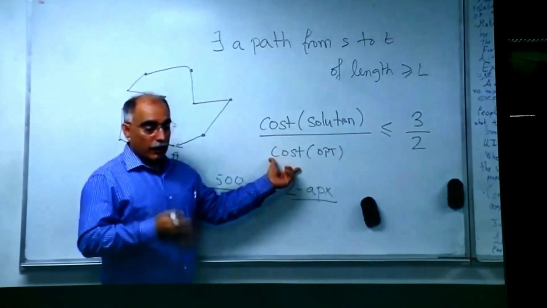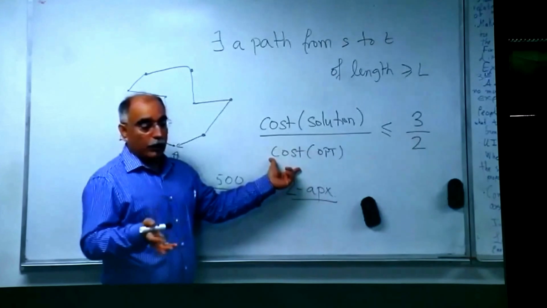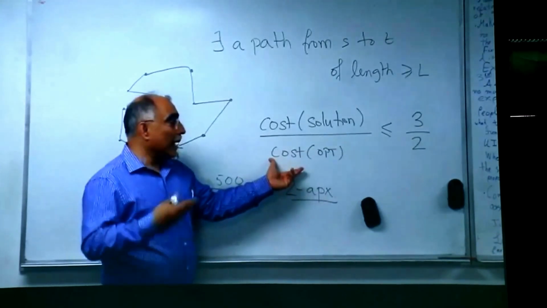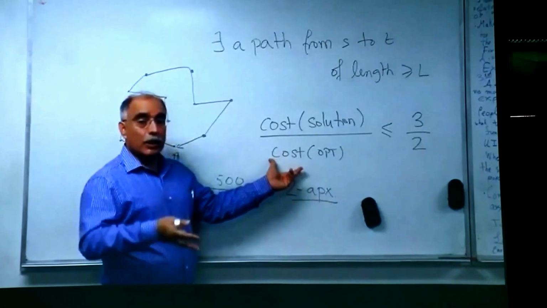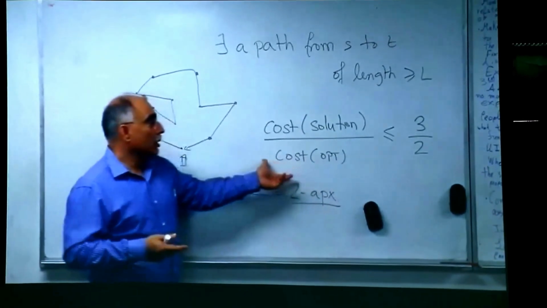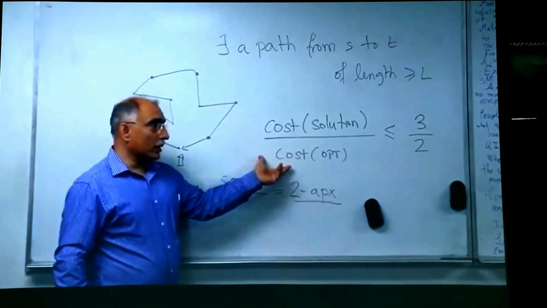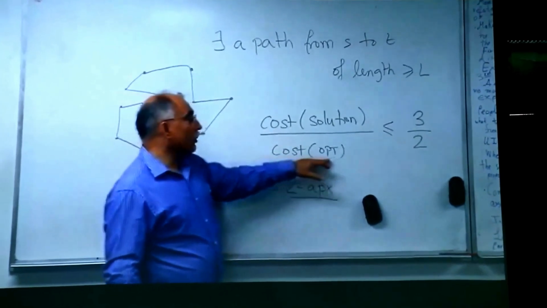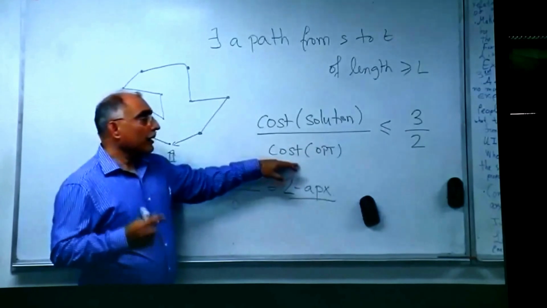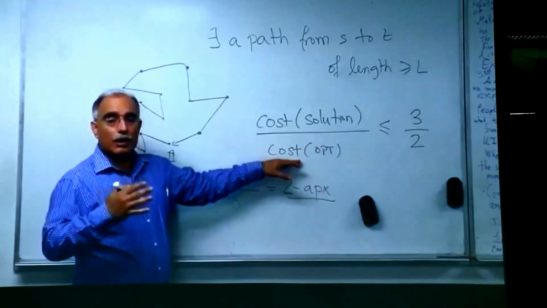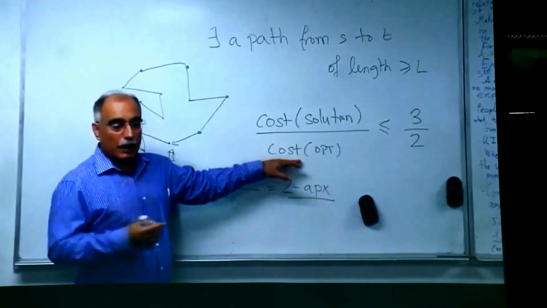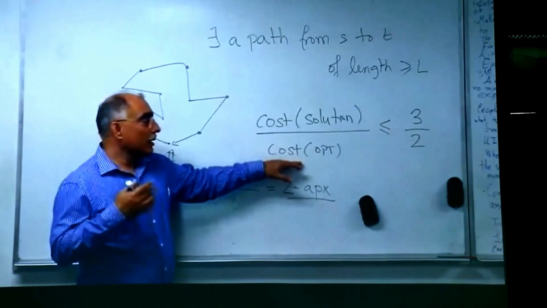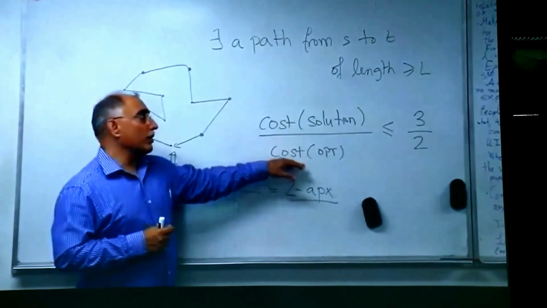So in other words, if my heuristic comes up with a solution of say cost 100, and I'm able to prove using these lower bounding techniques that we'll talk about, which are important in the idea of approximation algorithms, that the cost of the optimum solution is at least 90, then it tells us something about how far we are from the optimum. So even if I'm allowed to expend exponential time at this step, we know that we're not going to be able to improve the quality of the solution that much.